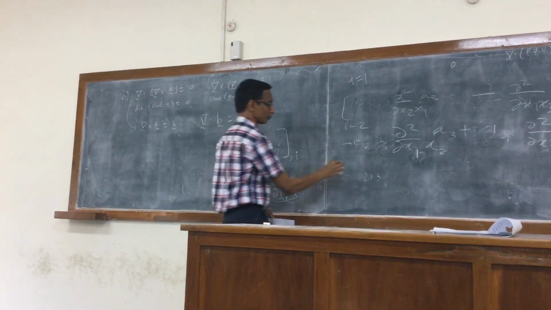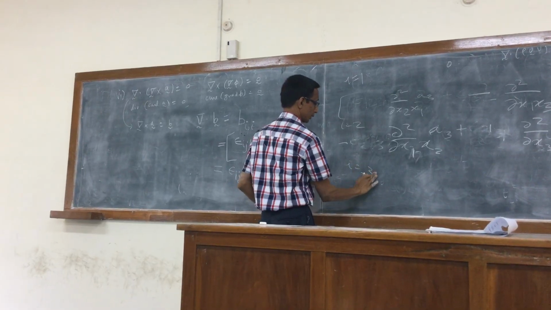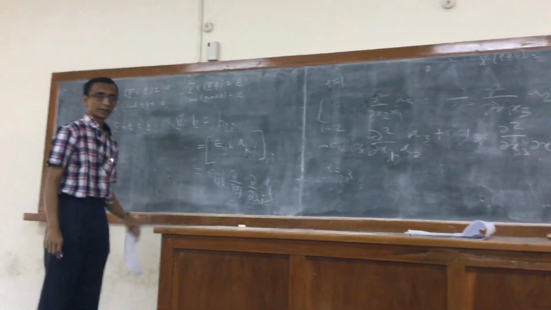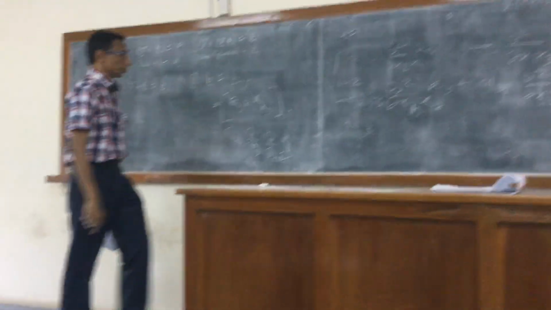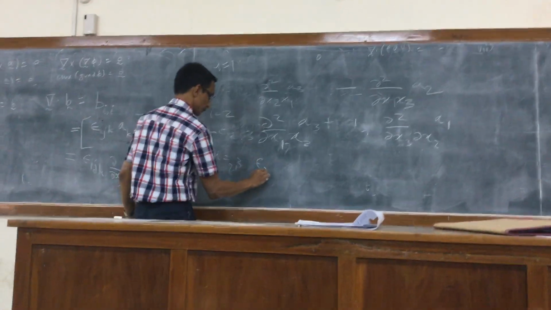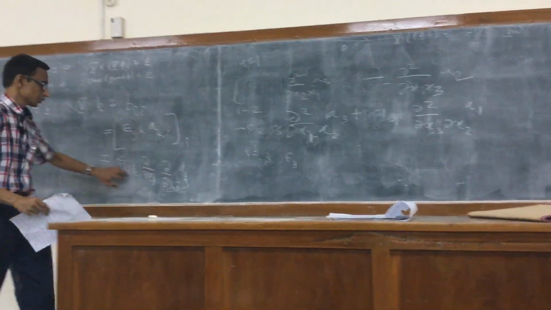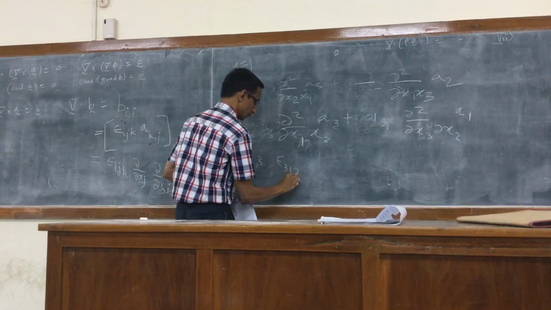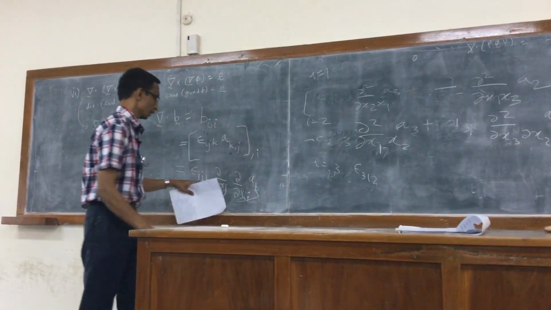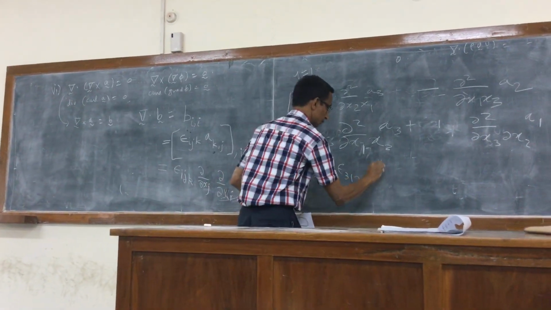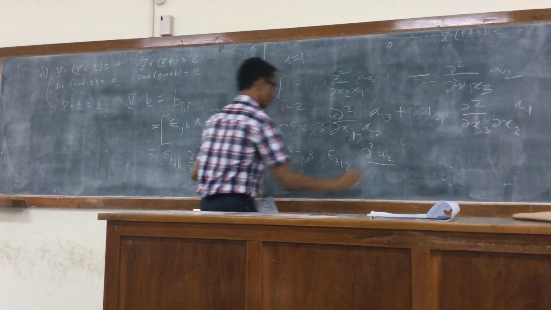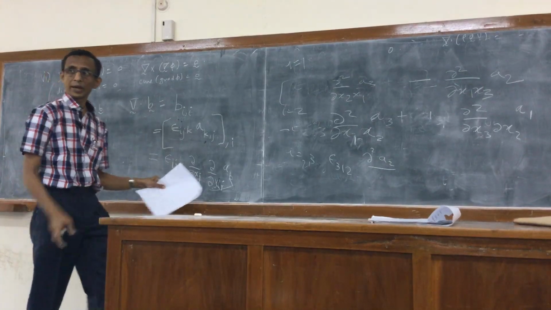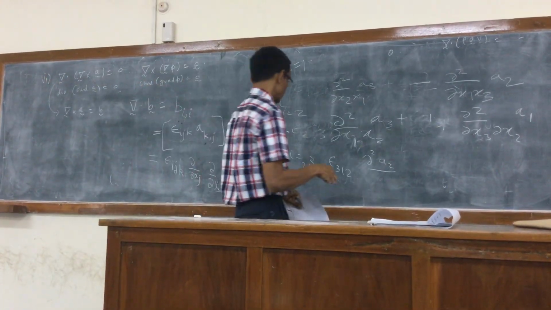So i equal to 3. I'll write it myself because it looks like you're getting the hang of this. So i equal to 3 will be epsilon 3, and then j has to be 1 or 2. If I choose j equal to 1 and k to be 2, I get d squared a2 k, with i and j having to come, and I can write it whichever way I want.